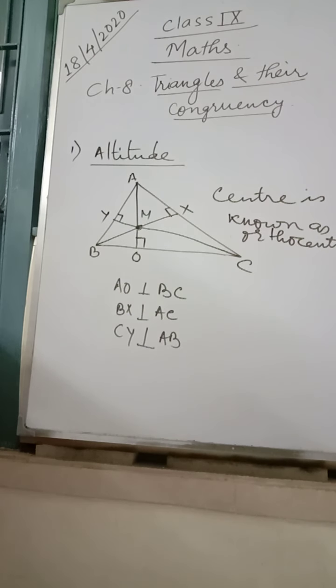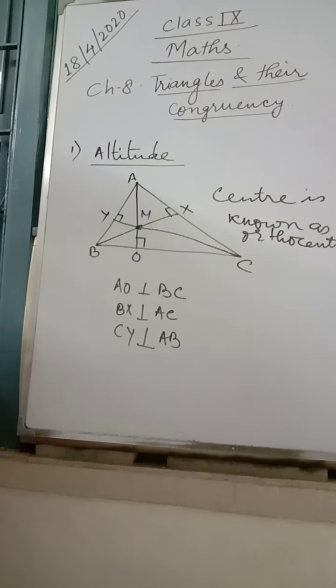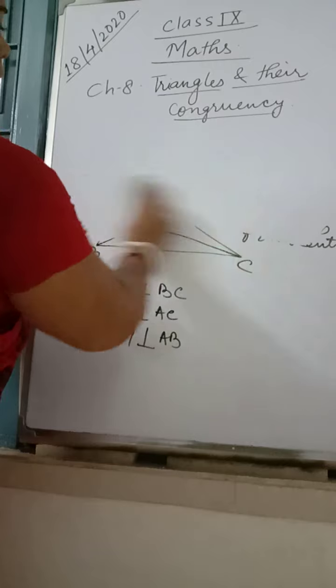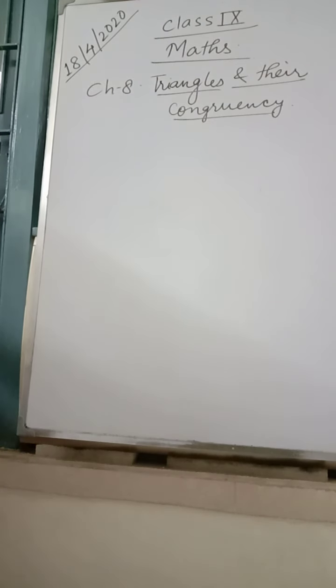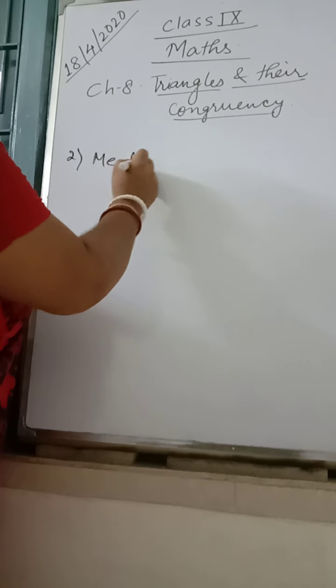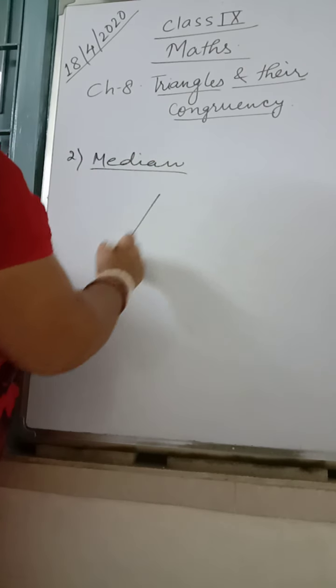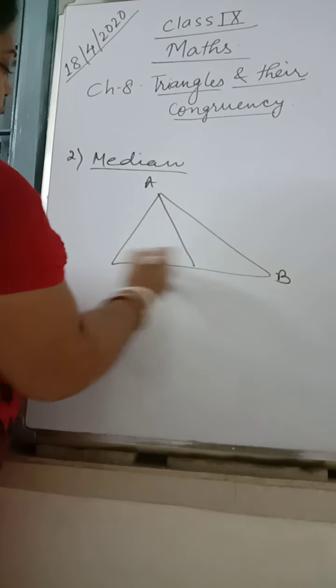Next we have the median. A line segment which divides the triangle into two halves is known as a median. The median is already given in your book. This is triangle ABC.